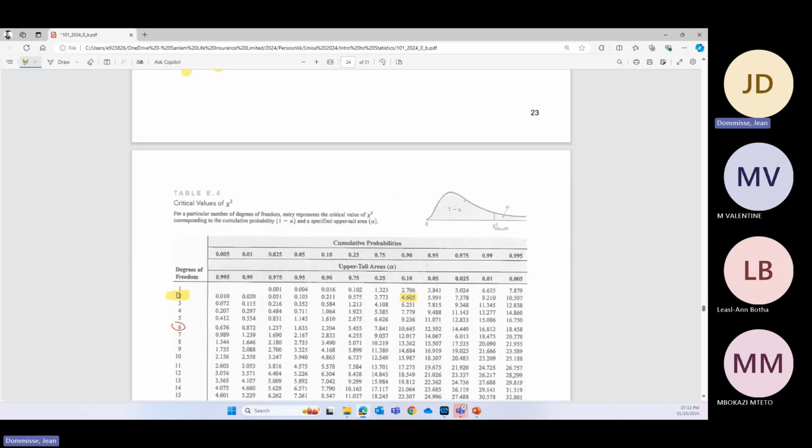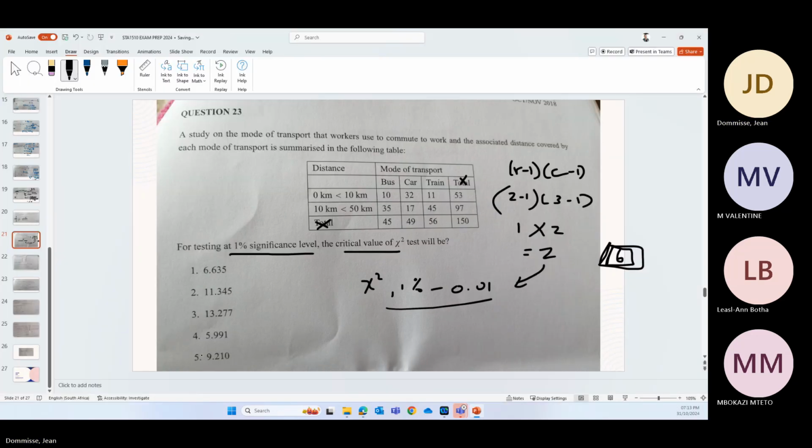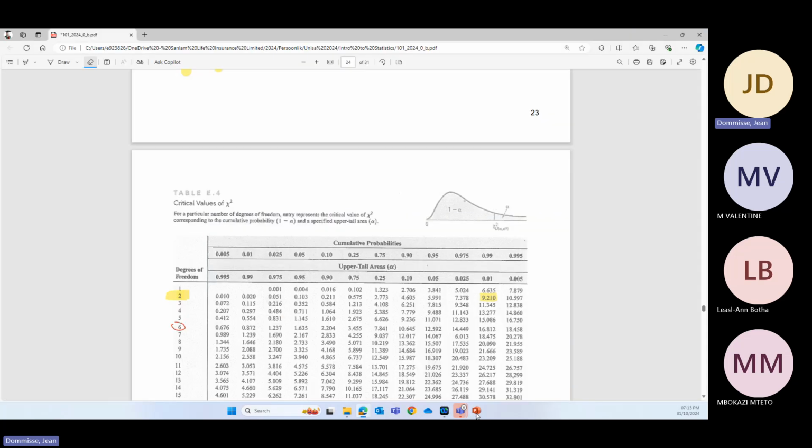Yeah, 2, 0.01, not 0.1. Easily can make that mistake. 9.21. Thank goodness there wasn't that one for me, because that was just a silly mistake that one can easily make.